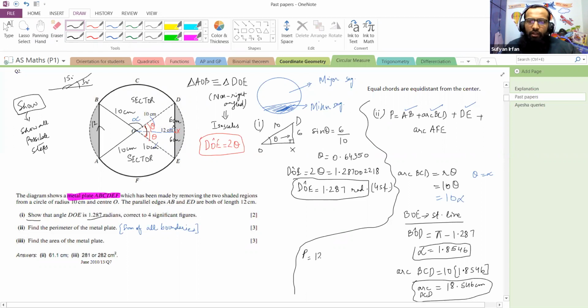Perimeter is 12 plus 12, the length of AB and DE, and the arc BCD is 18.546, and the arc AFE is again 18.546. When we add them together, we get the answer.